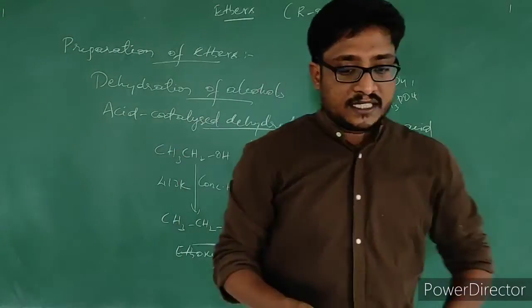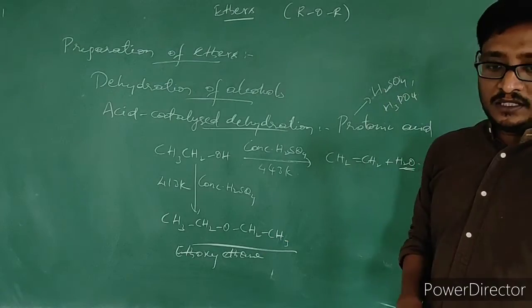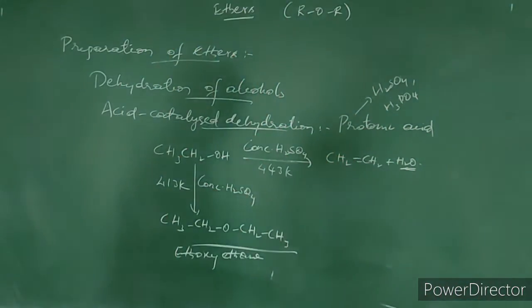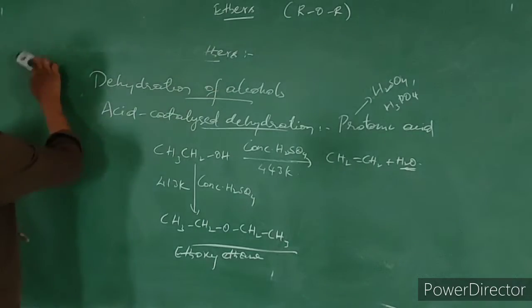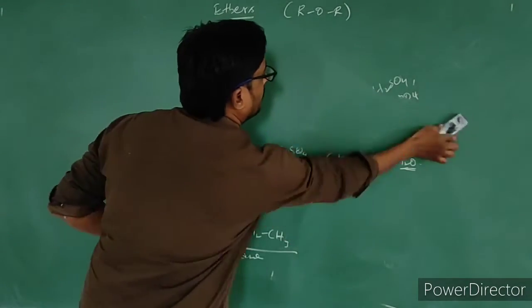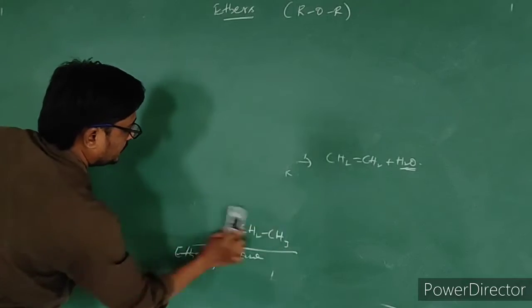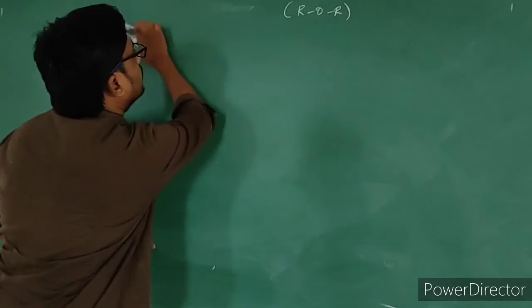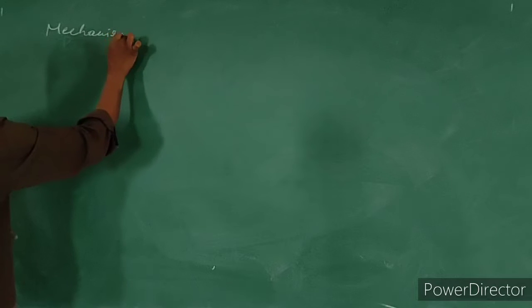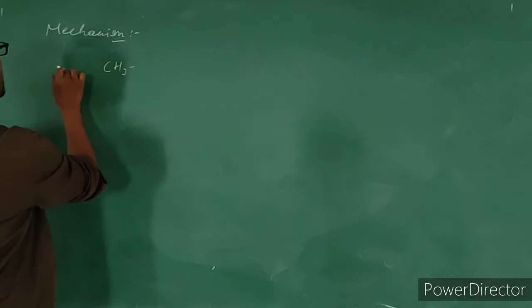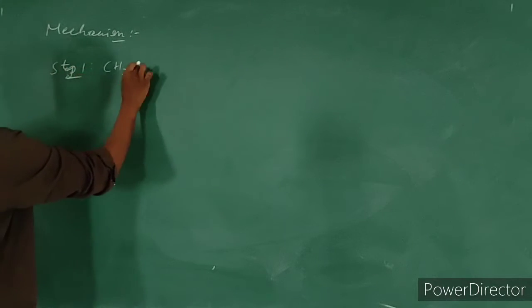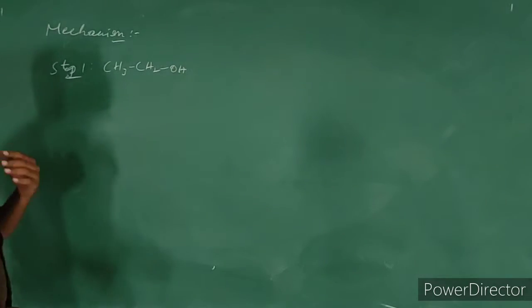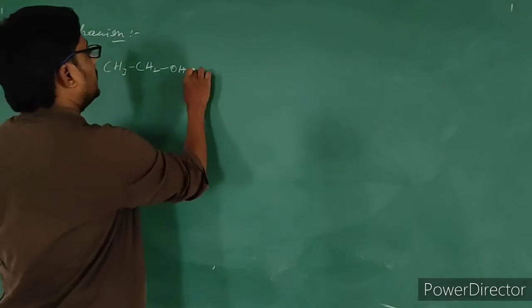Let us see the mechanism for the formation of this ether. Step 1: this is the alcohol molecule, reacting with acid.